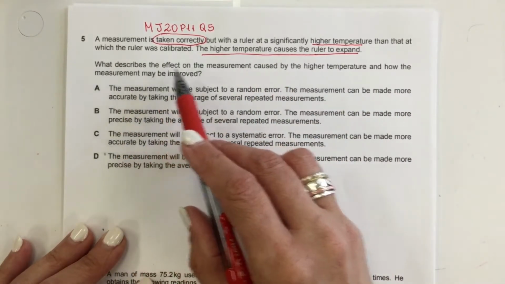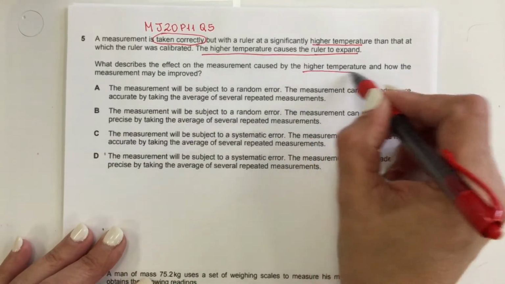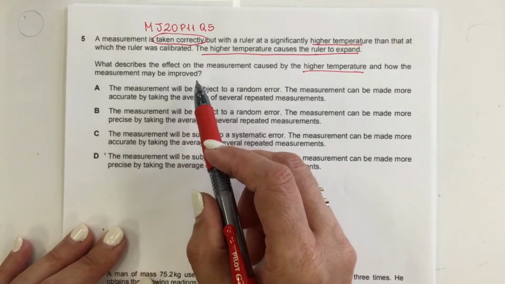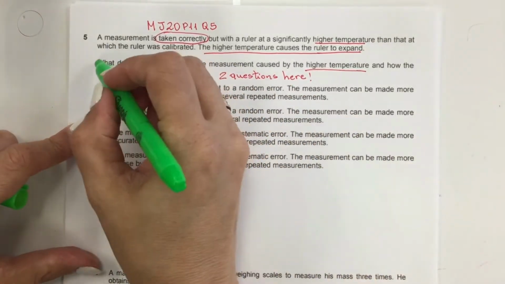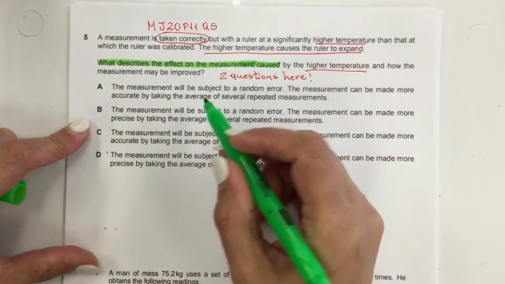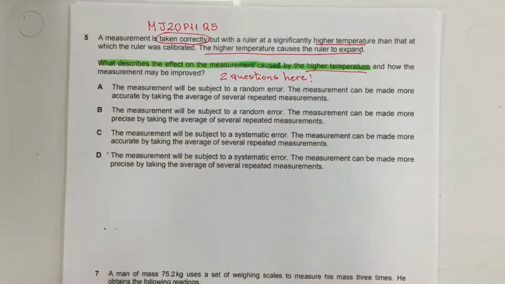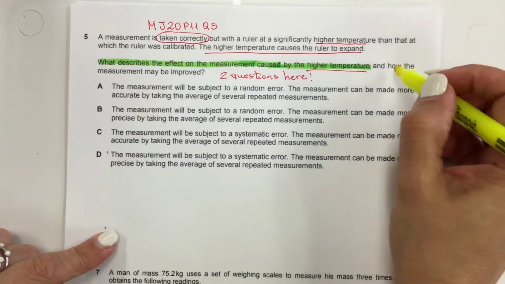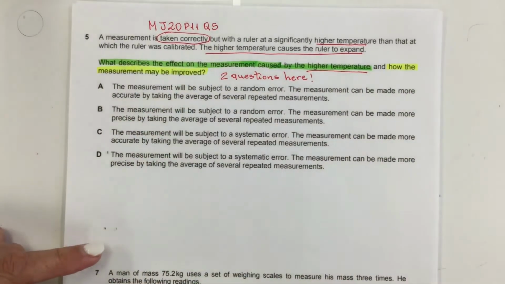What describes the effect on the measurement caused by the higher temperature and how the measurement may be improved? We have 2 questions here. One is the effect on the measurement caused by the higher temperature. That's one question. The second question is how the measurement may be improved.